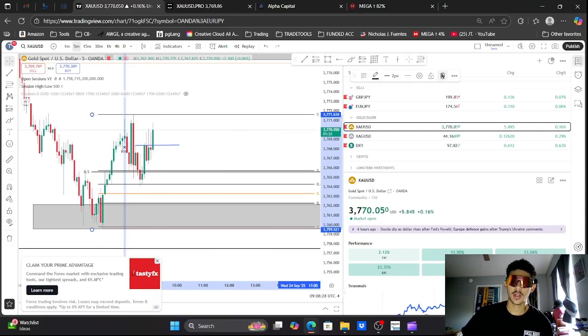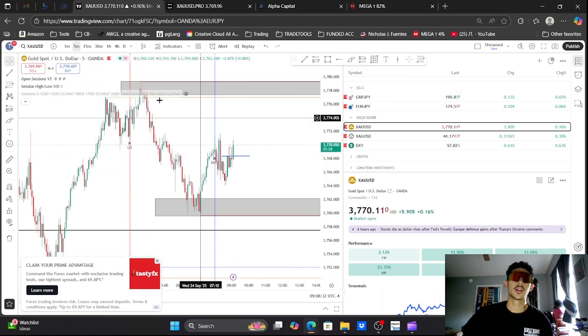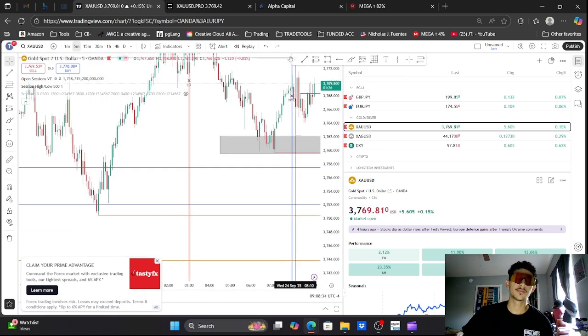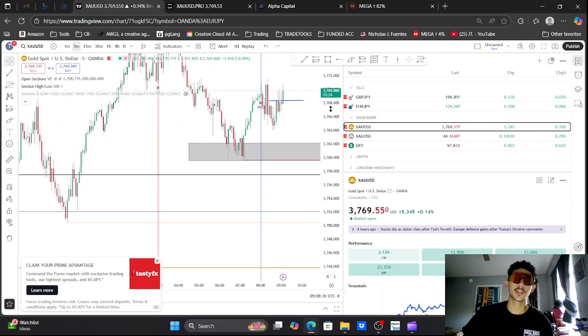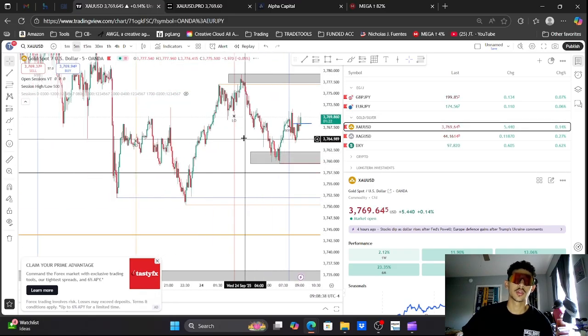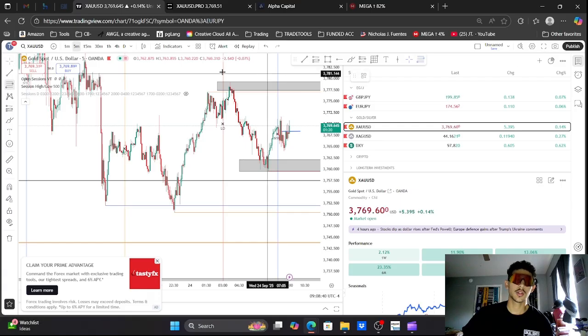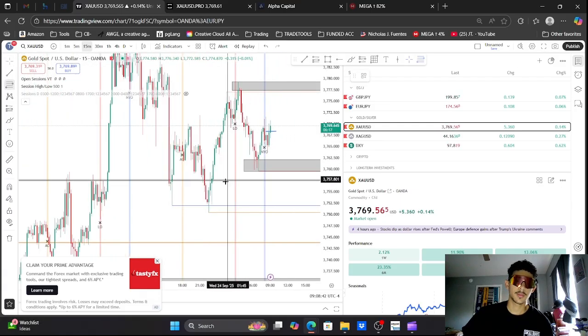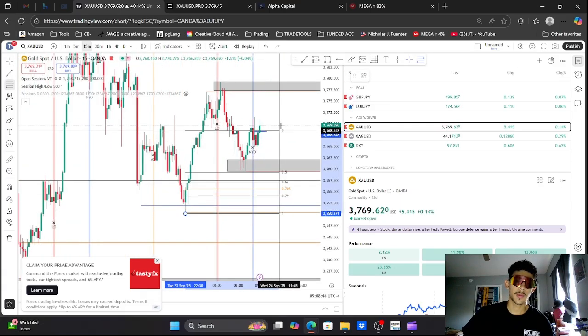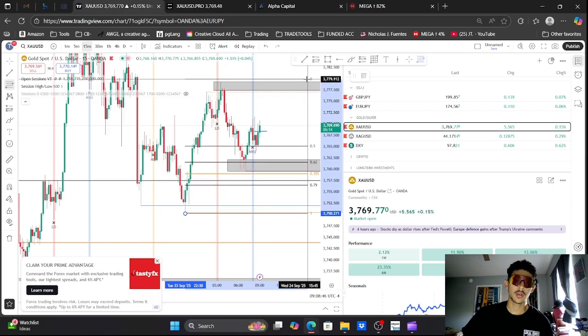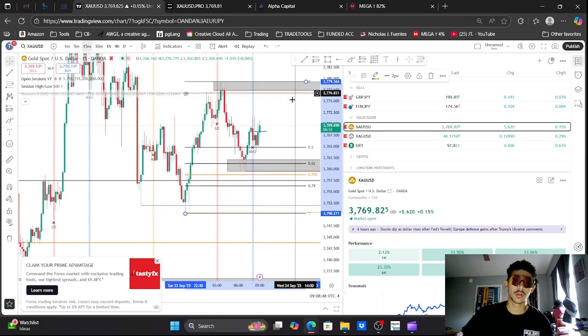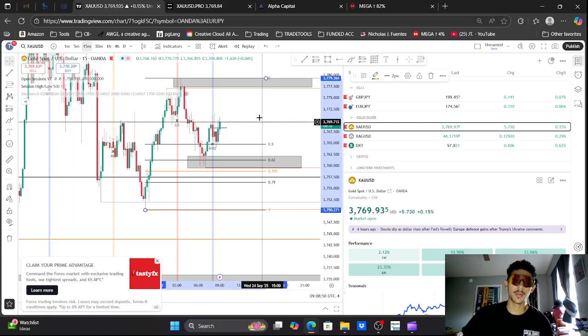All right, let me make sure I got all my confluences correct. So we had London session push down. We did not hit previous session lows. But what we did hit was, on the 15-minute, from Asian low to London low, this midpoint.